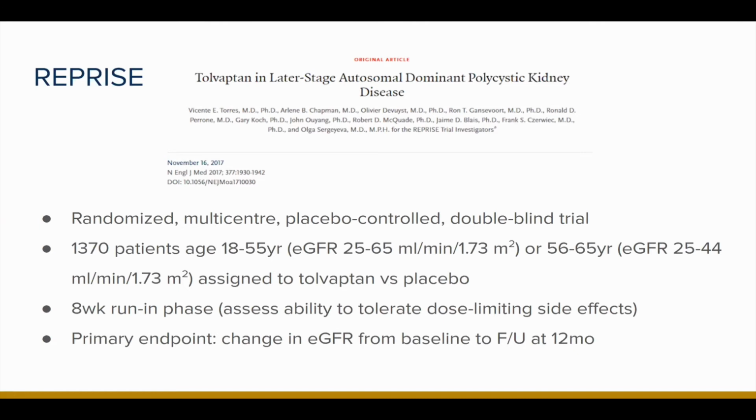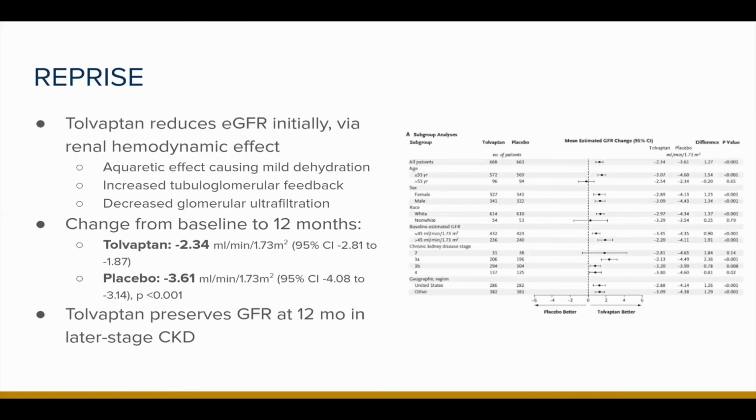They were then randomized following this. The primary endpoint was change in eGFR from their baseline to 12 months. Now, one of the interesting initial findings was that tolvaptan actually initially reduced the GFR for patients on the medication in the run-in phase. And there have been some other studies that suggest that this may be via a renal hemodynamic effect, with mild dehydration caused by aquaresis, as well as a potential increase in tubuloglomerular feedback, resulting in decreased glomerular ultrafiltration.